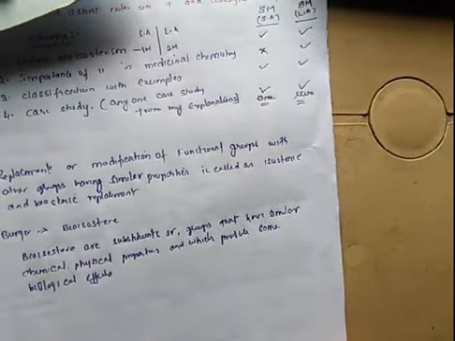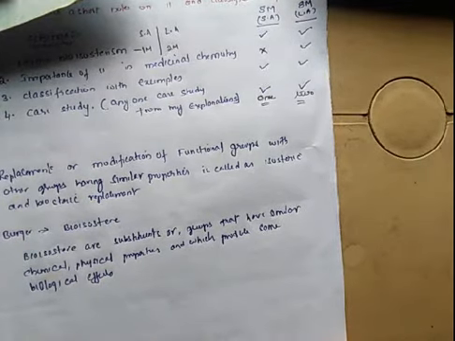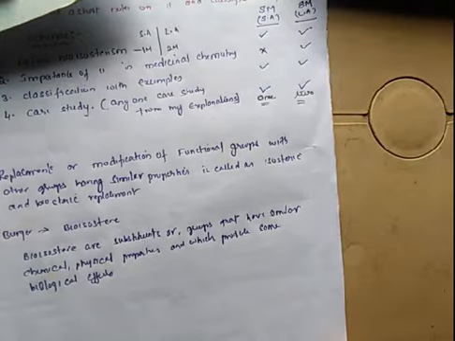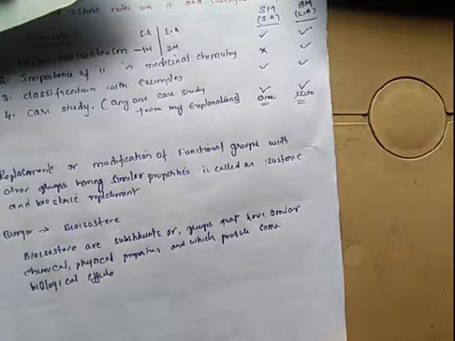So bioisosteres are the substituents or groups that have similar chemical properties, similar physical properties, and which produce the same biological effects.